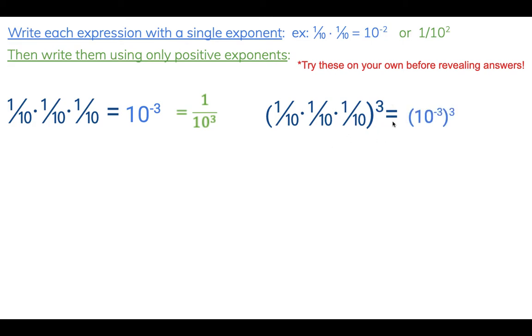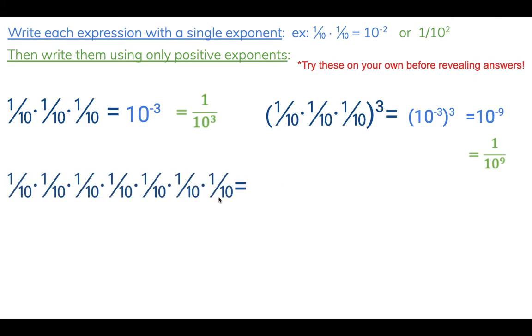But then we still have this 3 on the outside of our parentheses. So we have power to power, so we have negative 3 times 3, which gives 10 to the negative 9th. But we want to go one more step. We want to make this a positive exponent, so we need to have it as a fraction just like this. We are going to take the inverse of this, and it becomes 1 over 10 to the 9th.